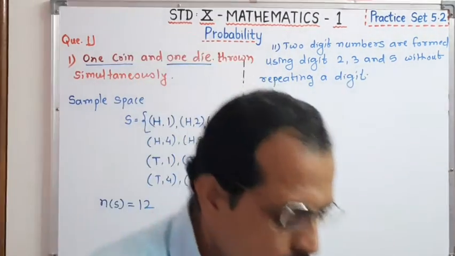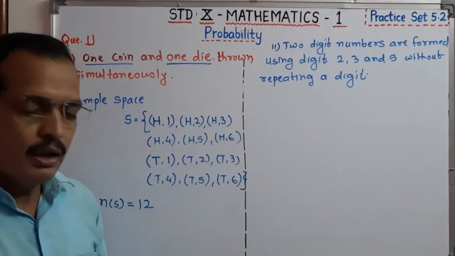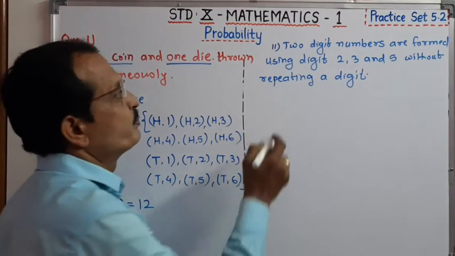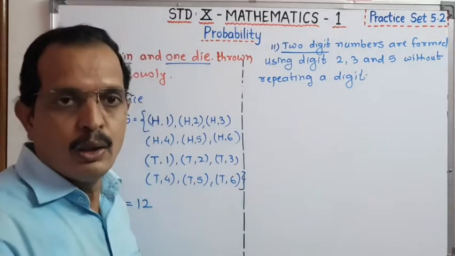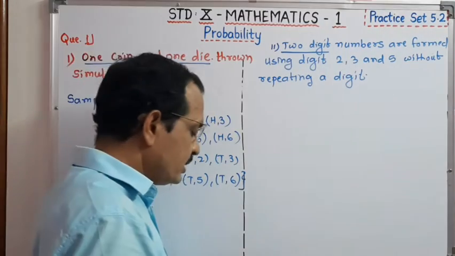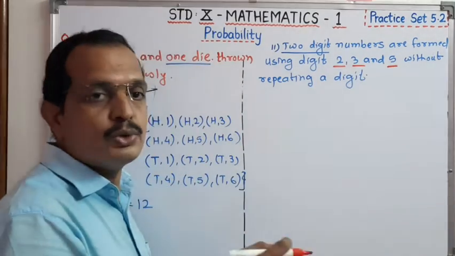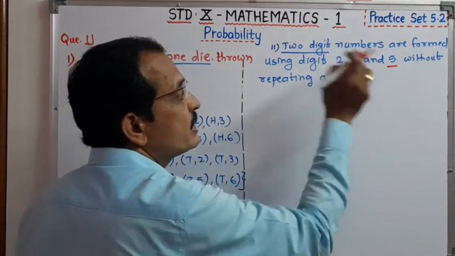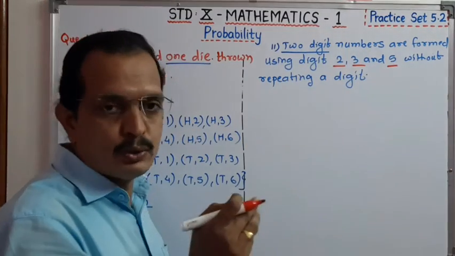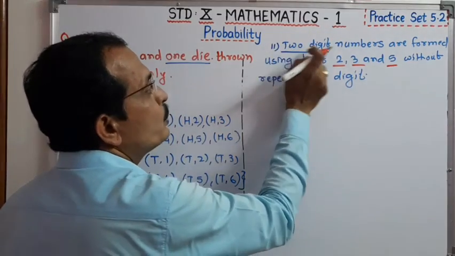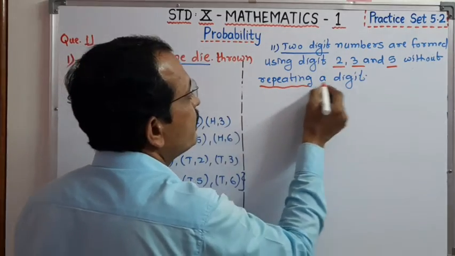Here student, see, it is an important one. Many times such type of questions are there. Here we have to form a 2-digit number. How? By using these 3 specific digits, not any one digit. By using these 3 numbers we have to make a 2-digit number, and the condition is without repeating a digit.